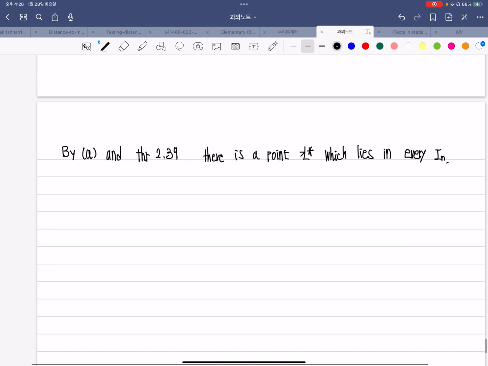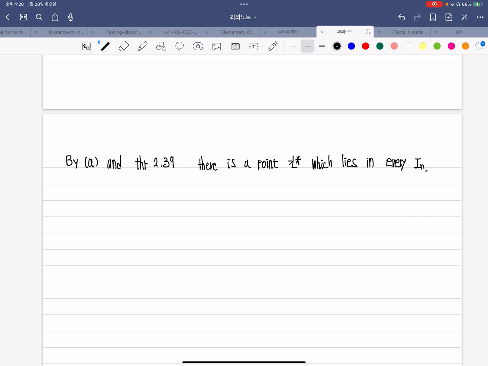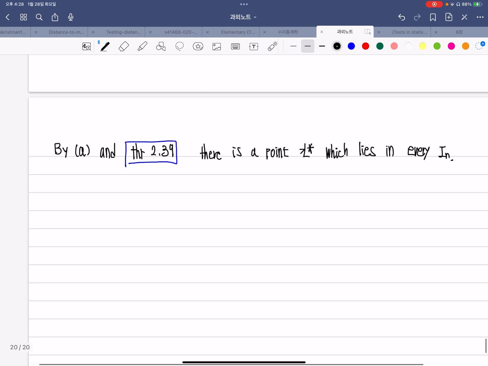It is a simple corollary of theorem 2.38, which we have learned. So, to read the proof of theorem 2.39 is homework for you. The proof is simple.